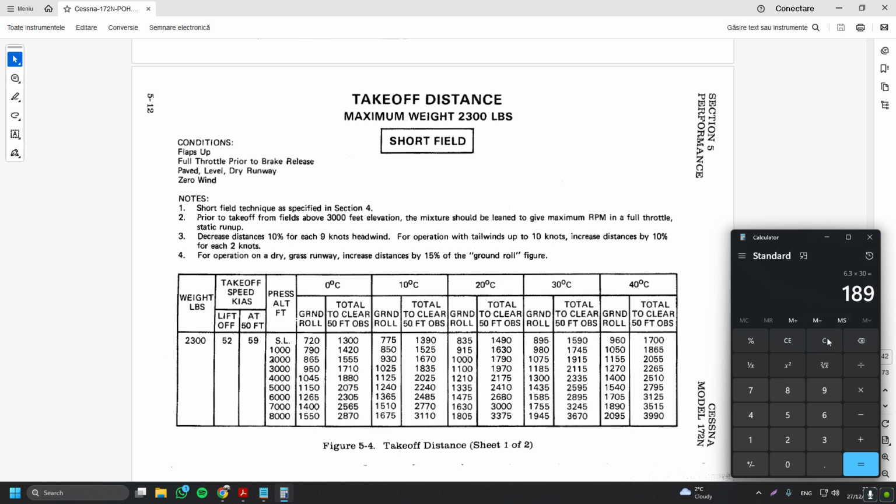So 630 plus 189 gives us a value of 819 feet. So this will be our ground roll with a tailwind. I hope you understood.